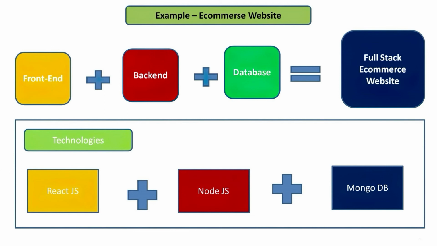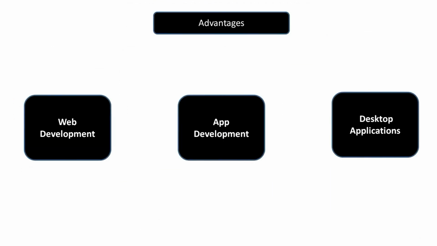Now we will discuss the advantages of JavaScript. So JavaScript is mainly used in web development. As we discussed in the previous slide, JavaScript is used for full stack web applications. And JavaScript is not limited to web development. We can also develop Android and iOS applications using JavaScript with the help of React Native.